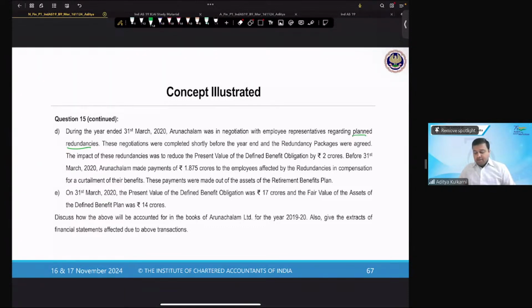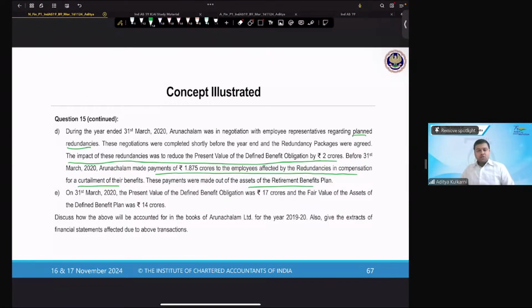The impact of these redundancies was to reduce the present value of the defined benefit obligation by 2 crores. Before 31st March 2020, Arunachalam made payments of 1.875 crores to the affected employees in compensation for a curtailment of their benefits. And these were made out of the assets of the retirement benefits plan.